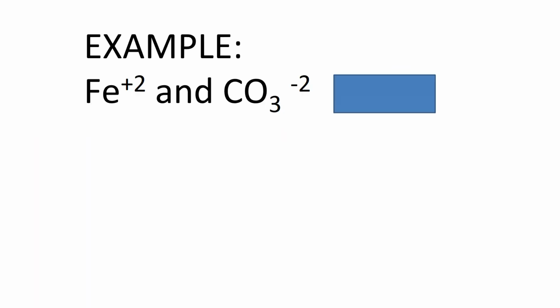All right. So let's look at an example of writing a formula with a polyatomic ion. Which one of these 2 symbols represents the polyatomic ion? The CO3 negative 2. What polyatomic ion is this? Carbonate. Carbonate.